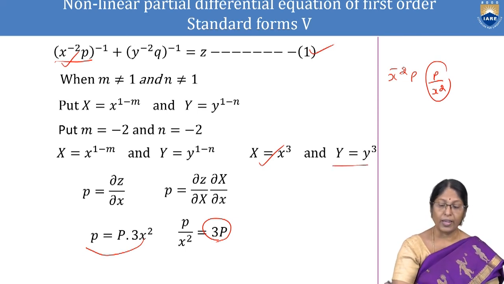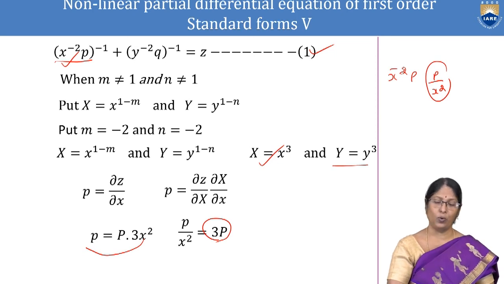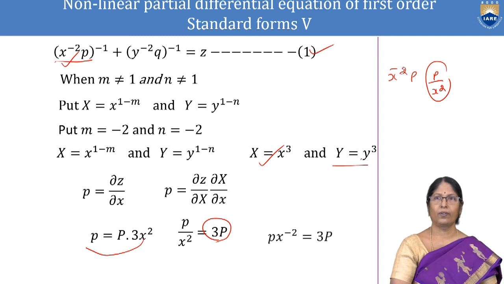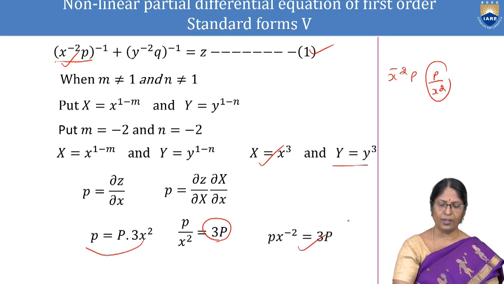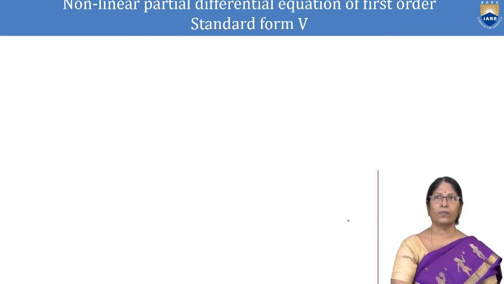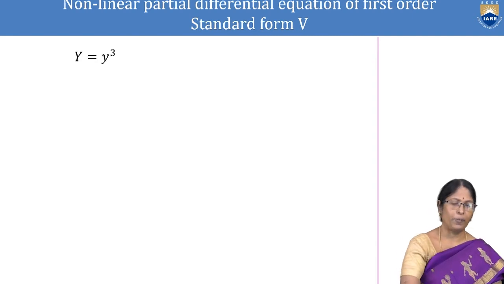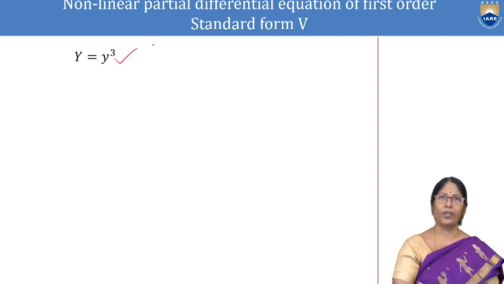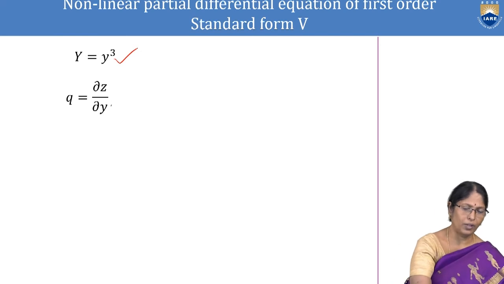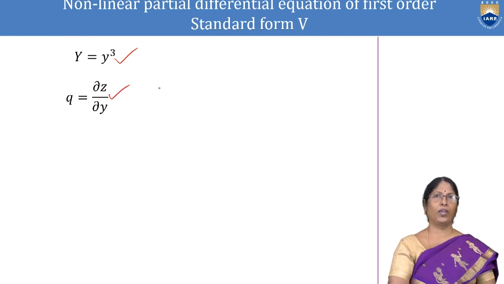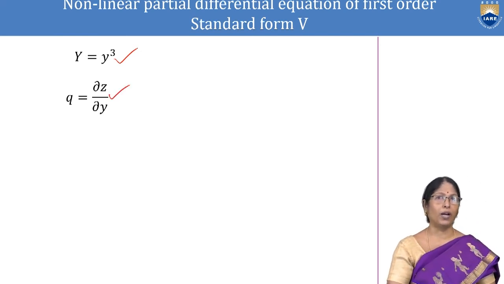Similarly now, capital Y equals y cube, we have to do it. So this is very clear. Now capital Y equals y cube. This is the notation: small q equals dou z by dou y.